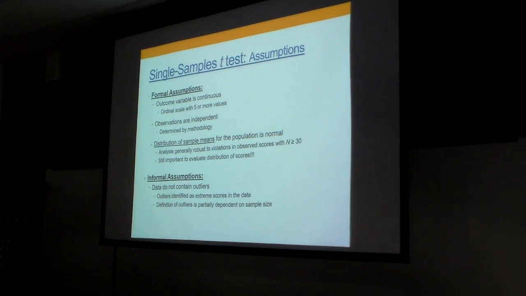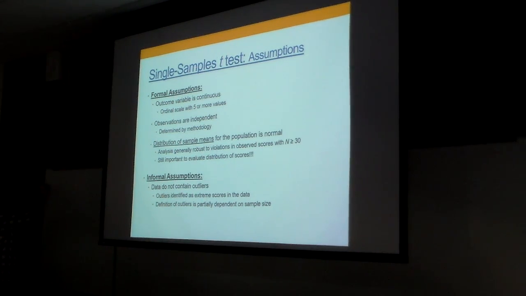Let's say this is T with degrees of freedom 30, okay? So this is the distribution of my T statistic with degrees of freedom 30 as long as these assumptions are met, right?